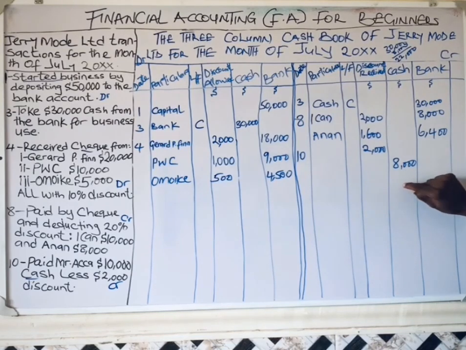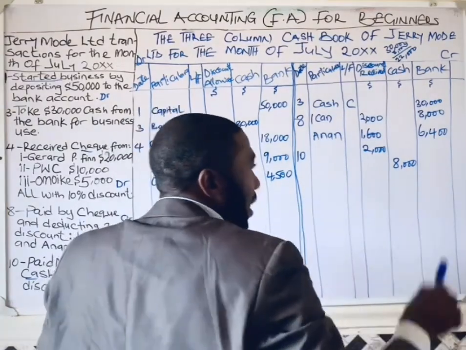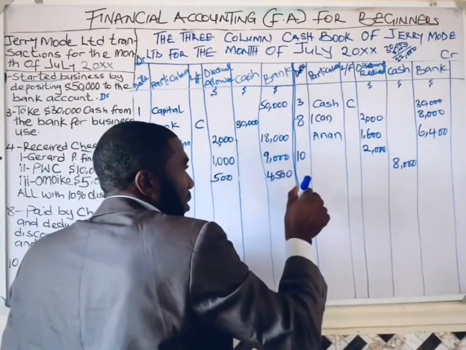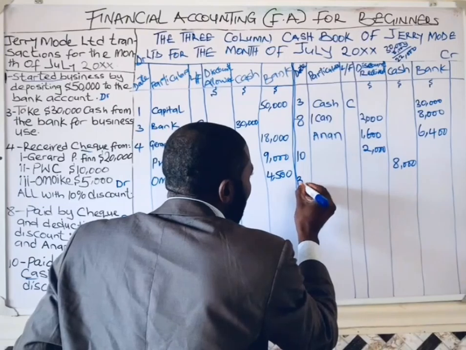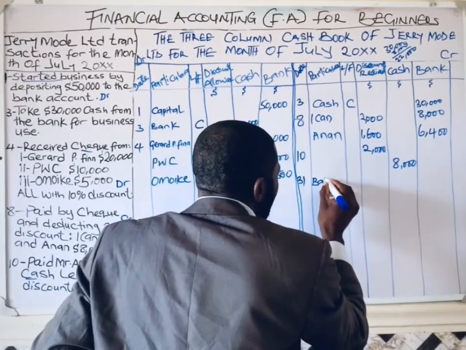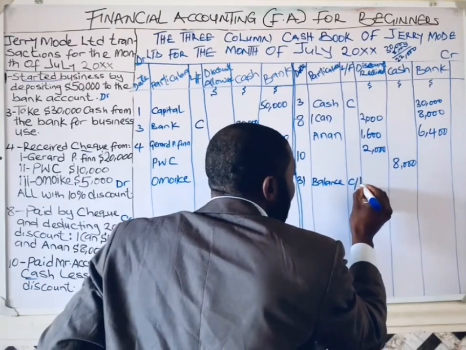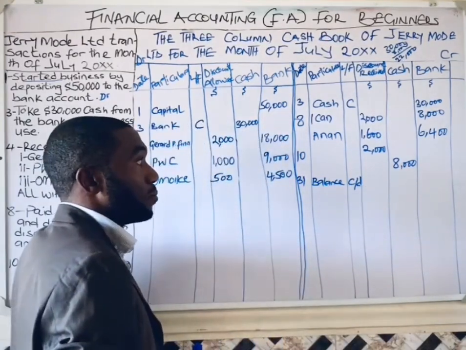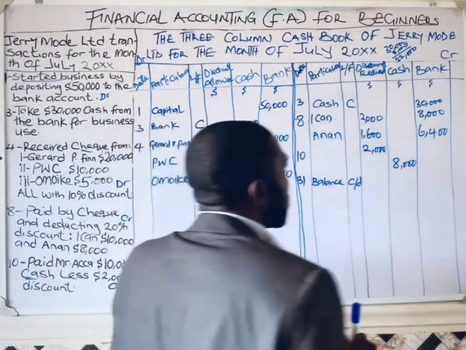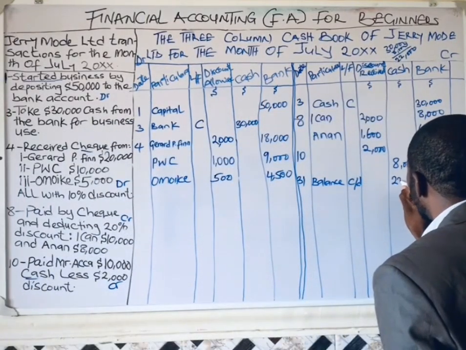And if you put it here at the cash column, it will give you the same $30,000 at the end of the month, which is 31st of July. Our balance carried down, it is called balance carried down.